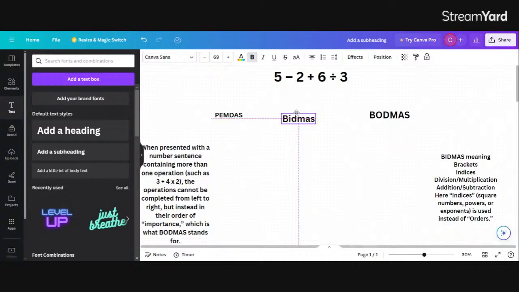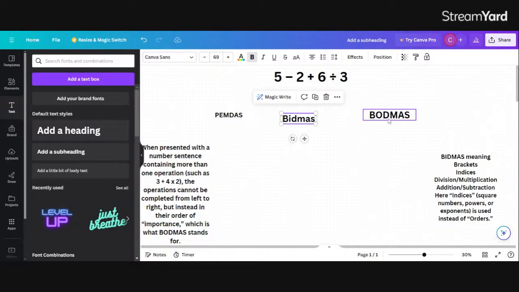When we come to BIDMAS, the B stands for brackets, the I stands for indices, the D for division, M for multiplication, A for addition, while S is for subtraction.